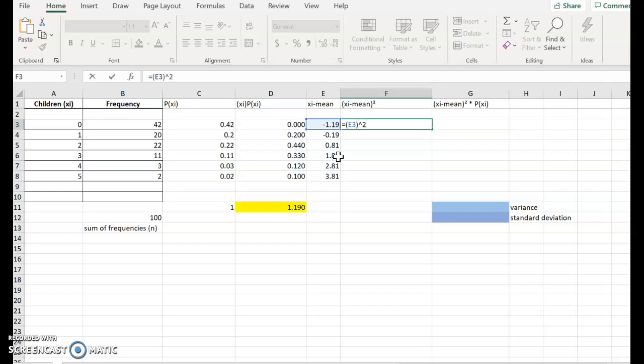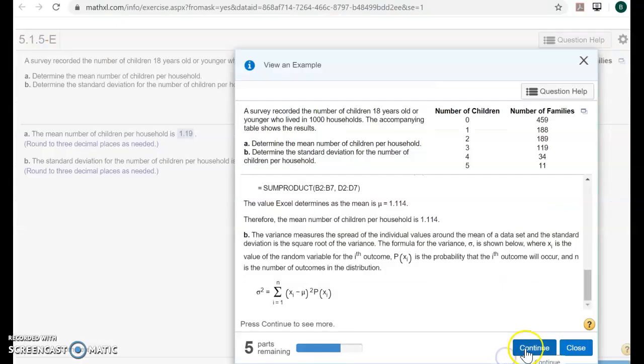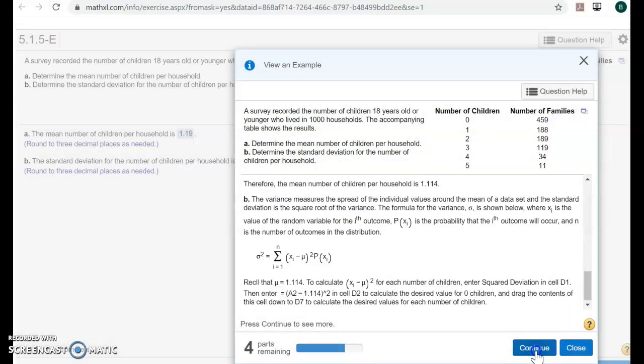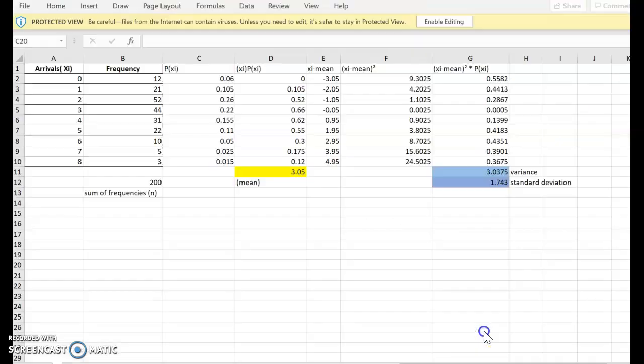Like I said, everything I'm doing you can do in your calculator. You just have to make sure you round. Let's see what they want us to round to. When we square it, we're rounding to the 3rd decimal place.